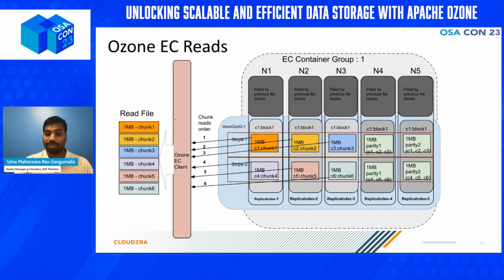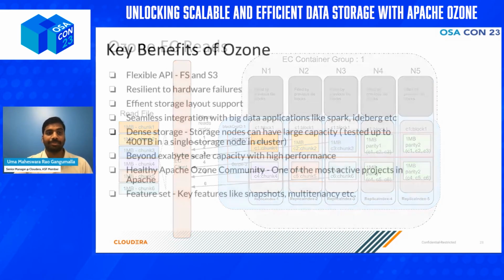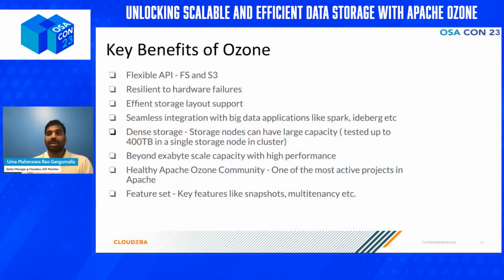We also have offline reconstruction, to avoid any node loss issues. So it will reconstruct itself. So in summary, the key benefits of Apache Ozone are flexible file system interfaces, file system and S3, and resilience to hardware failures because it can itself reconstruct and recover the blocks.